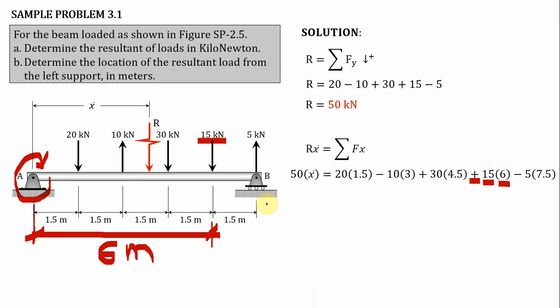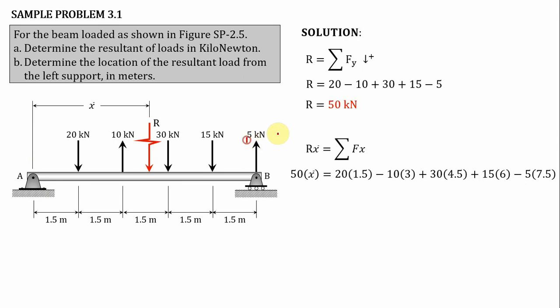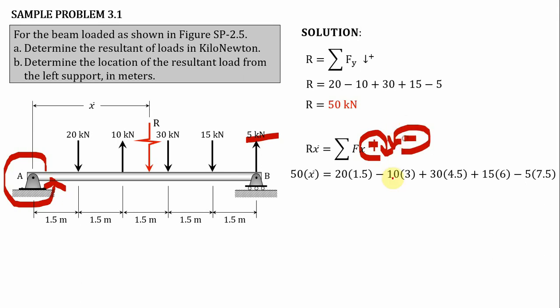Gets nyo ako? And then the last force, class, ito yon, and ito yung force going upward. So if we apply a moment at A, it will produce a counterclockwise moment. And we assume that clockwise is positive and counterclockwise is negative. Since counterclockwise naman yung mapuproduce ng 5 kilonewton, so that is negative. So that's why minus yan.